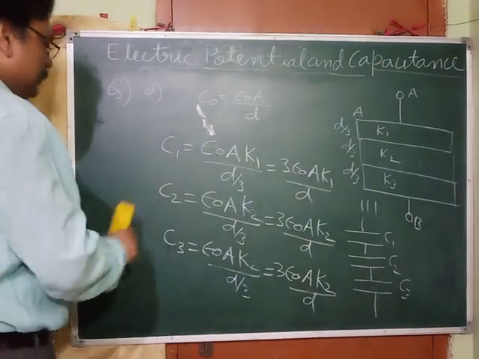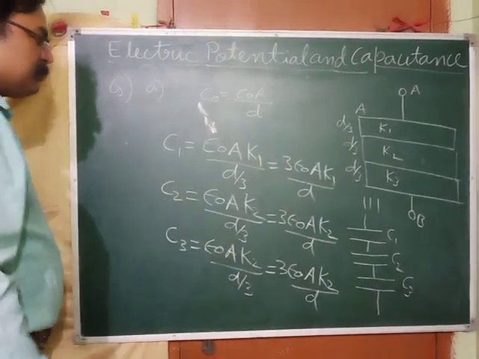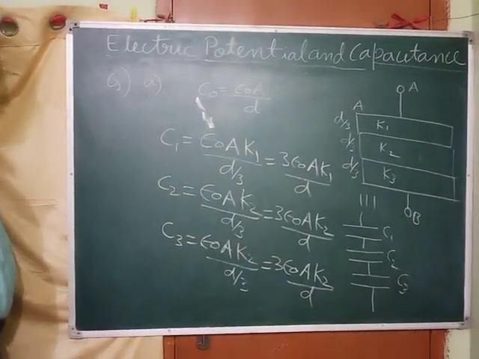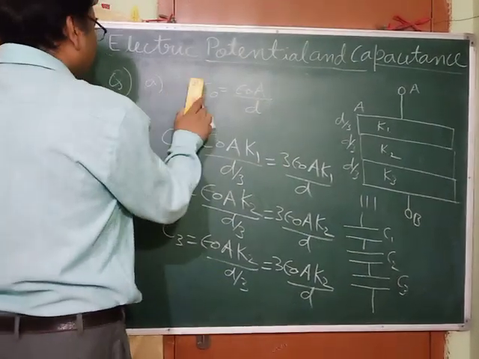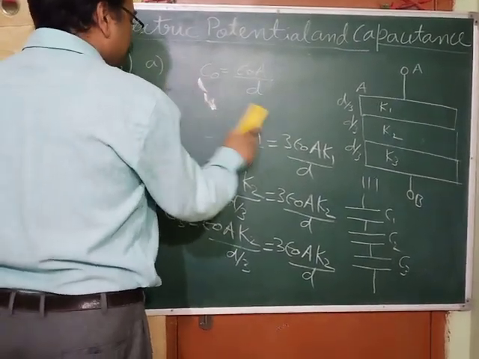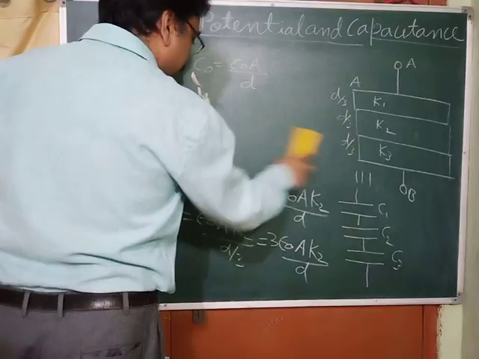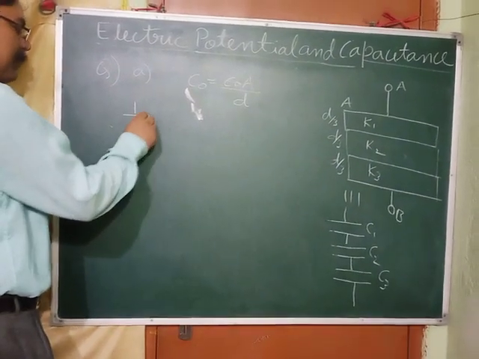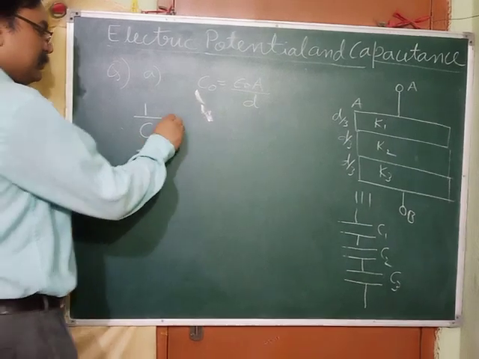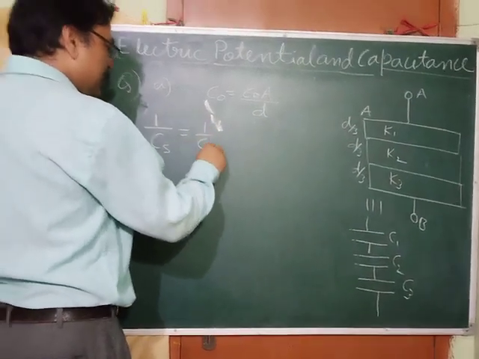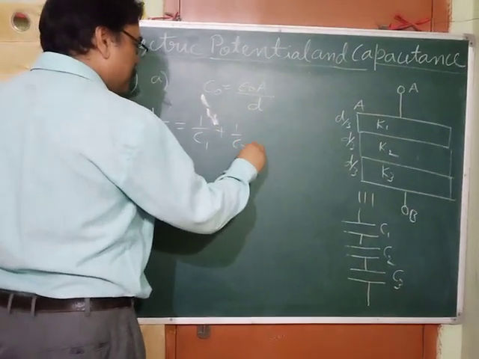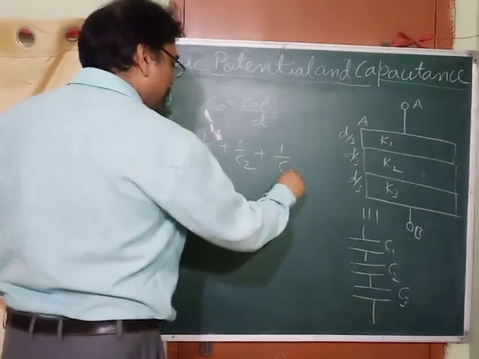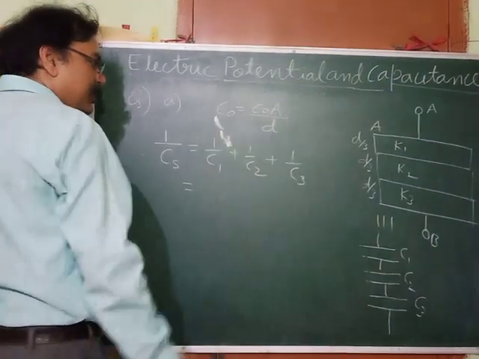Now see. Just note it down first. Noted. This is how we find out. In the case of capacitance in series, 1 by Cs is equal to 1 by C1 plus 1 by C2 plus 1 by C3. So what will we get?